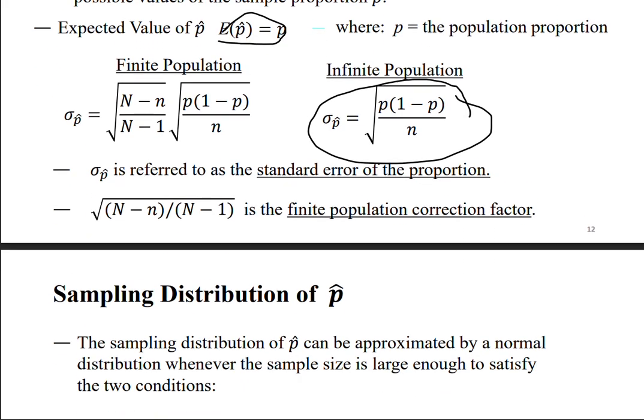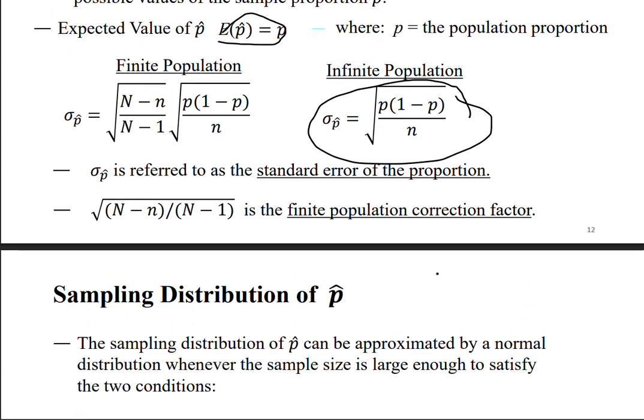Applying the central limit theorem therefore means that our sample proportion will be approximately normal, with the population proportion as the mean divided by the standard deviation of the sample proportion, which is the square root of p times 1 minus p, all divided by the sample size n.